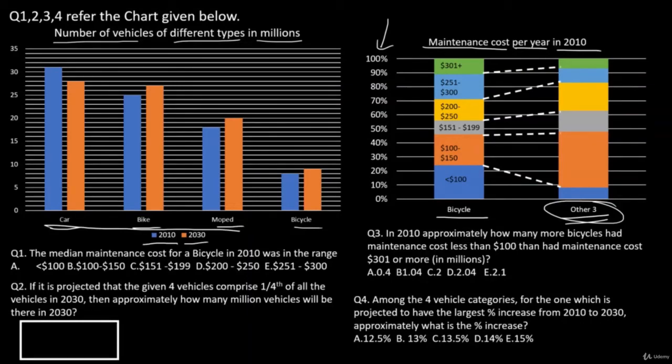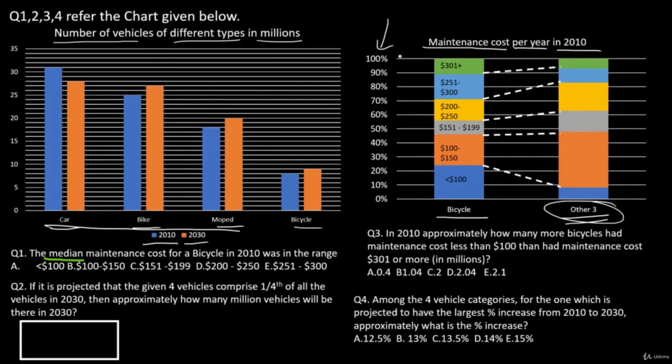All right, we are back. I hope you have given it a try. Now let's do this together. The first question says the median maintenance cost for a bicycle in 2010 was in the range. So maintenance cost is given over here, and we need to find the median maintenance cost. Now remember, if you have a set of data arranged in either ascending or descending order, the median is the middle value.